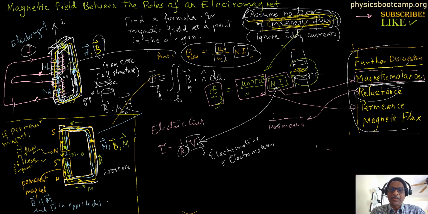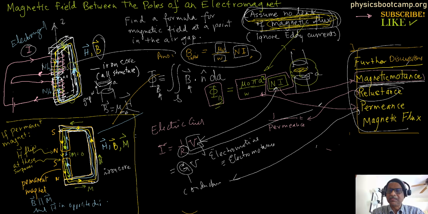You could write this same thing with the letter G, which is conductance. Conductance is equivalent to permeance, and the resistance is analogous to reluctance. If you look at current, it comes from integrating J dot n hat dA.